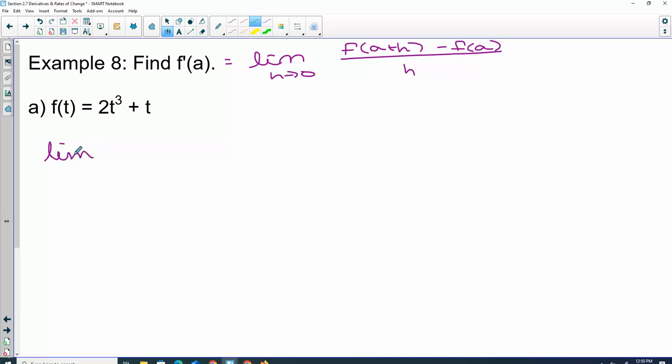So, limit as h approaches 0. F of a plus h, so I'm replacing my t's with an a plus h. Minus f of a, replace your t's with an a.